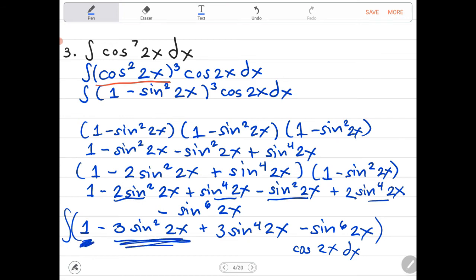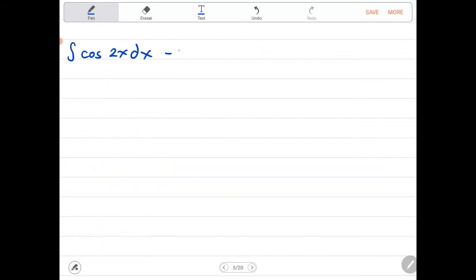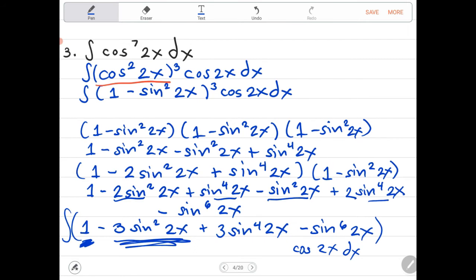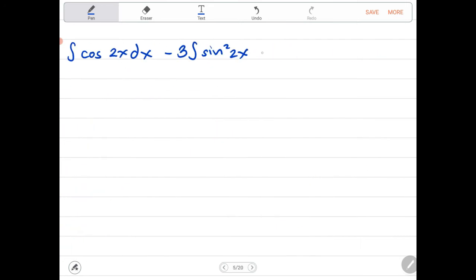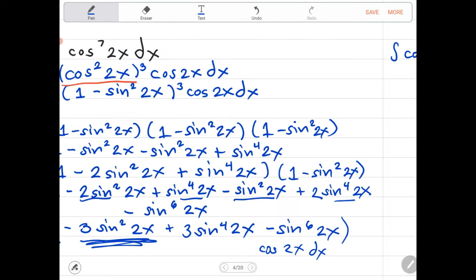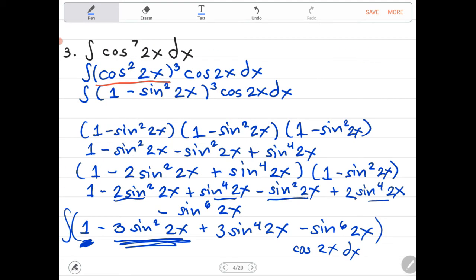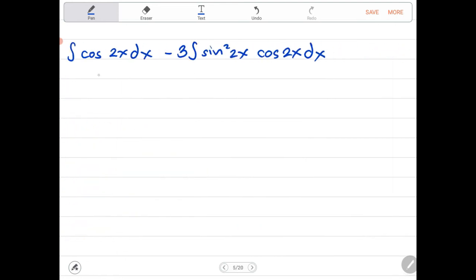Next, this one. Remove the constant, negative 3. So, negative 3, the integral of sine squared 2x cosine 2x dx. Then, this one. So, plus, remove the constant 3.